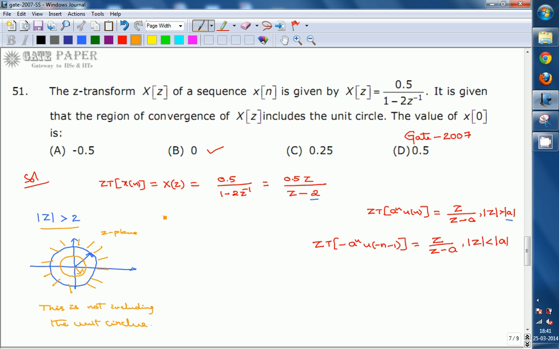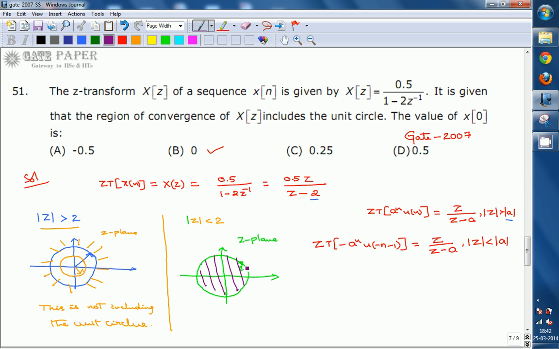Coming to the other alternative, that is mod z less than 2, drawing the ROC on the z plane for mod z less than 2, taking the circle with radius 2, we can see that the ROC is inside the circle with radius 2.